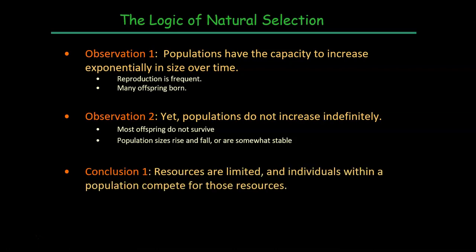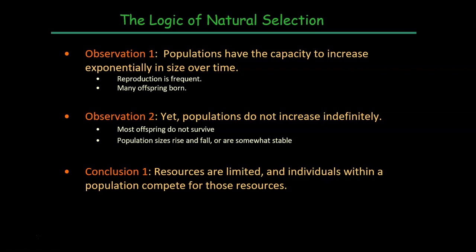Okay, so this leads to the conclusion that basically something is limiting populations from increasing indefinitely. And in this case, we would conclude that resources are what's limiting those populations, that resources in the environment are limited, and individuals within a population are competing for those resources. There's a reason why we spent so much time learning about competition a few classes ago.